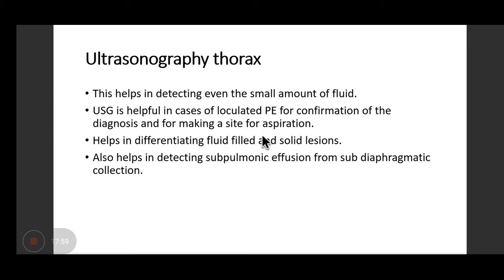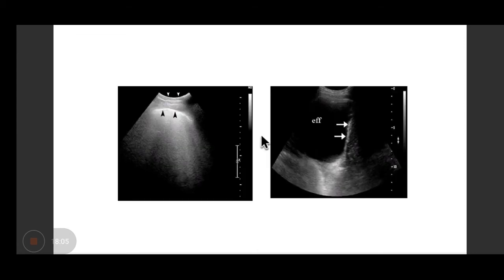Also it helps in differentiating between fluid-filled and solid lesions. This is the image of ultrasonography. The white arrows are showing the effusion. The black areas are lungs, air.